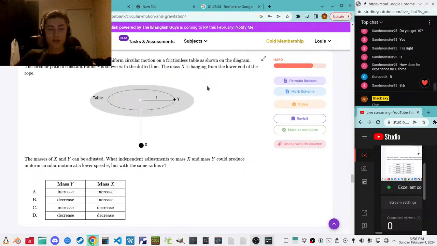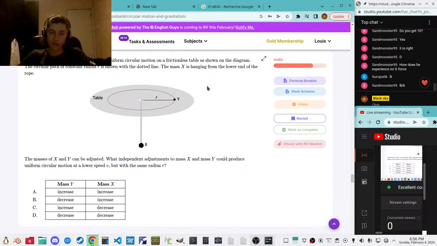So an increase in Y and X, and a decrease in Y and X. Oh, you want a lower speed. Maybe that's true. An increase.